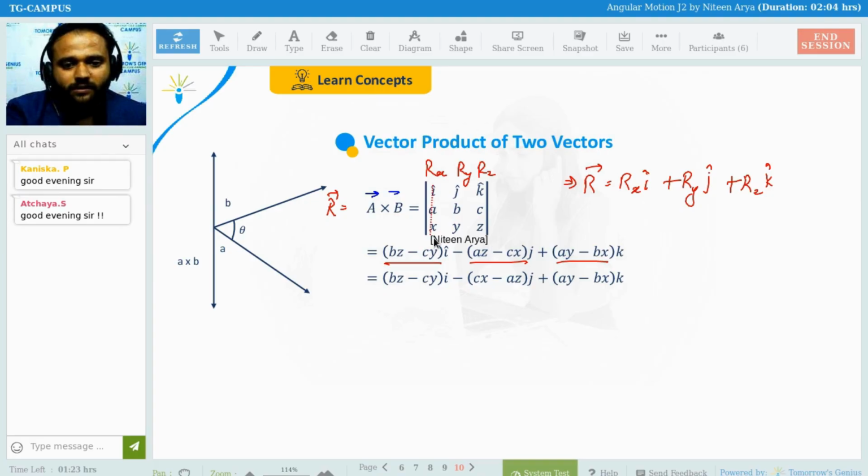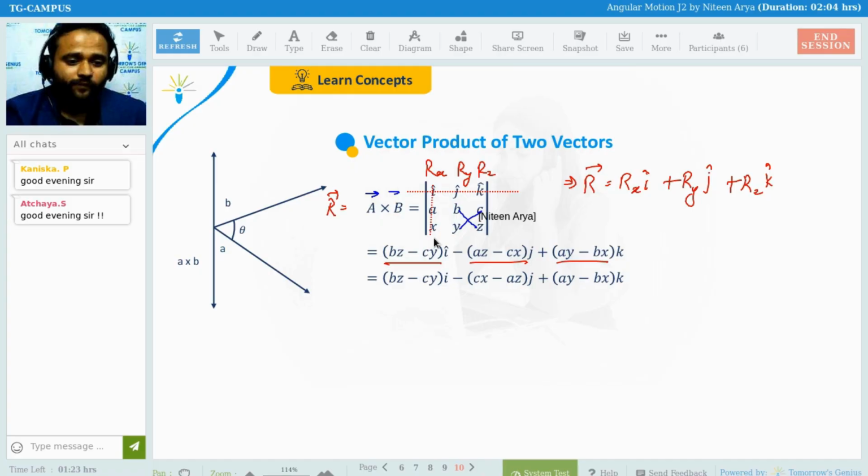Hide this and this. Now do the cross multiplication. You need to multiply by and cz, and bz is subtracted. I mean do this cross multiplication first and then subtract.